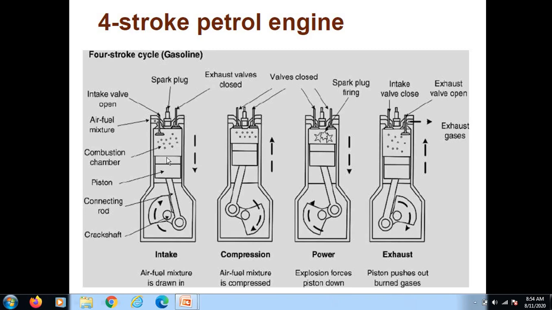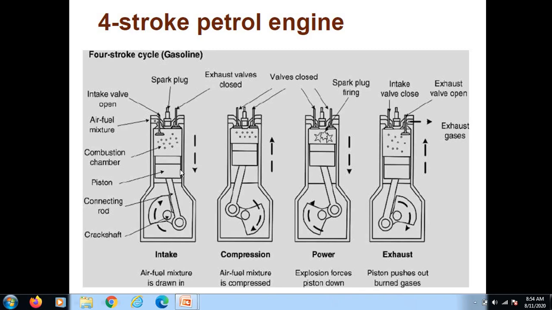Here this is the piston, and this piston is connected with the connecting rod, and the connecting rod is connected with the crank, and the crank is connected with the crankshaft. This crank is revolving. Say here there is the bottom dead center, and somewhere here there will be the top dead center.